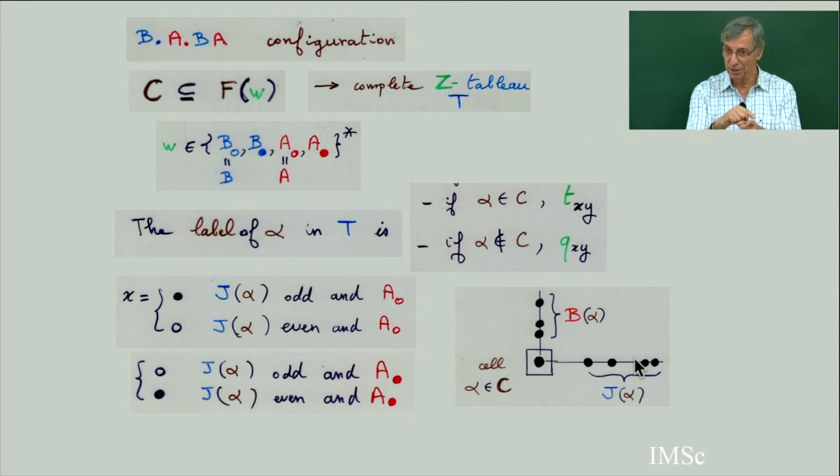If it's a dot, it's the dot. So just count whether this number is odd or even, and that gives the index. X here will be the opposite of the index of the A, or the same, according to the number of elements of this leg here. If the number of elements is odd or even, the dot here will be the opposite of the dot there, or the same.